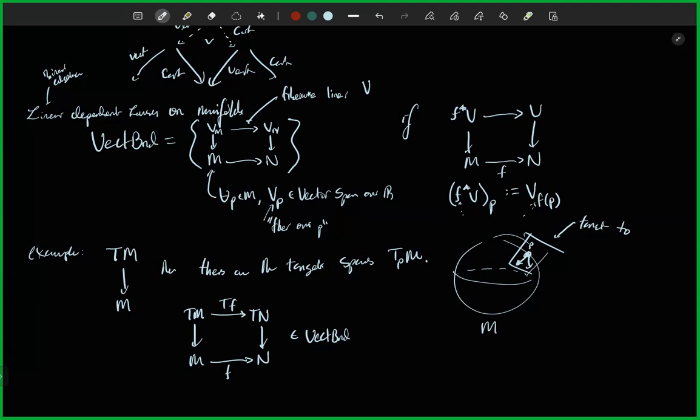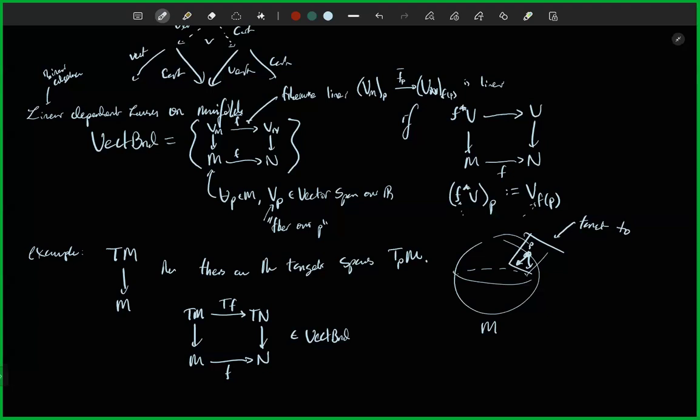In other words, V_M at P to V_N at F(P). This is F over bar, this is F. F over bar at P is linear. Now, that's not strictly speaking necessary to ask.